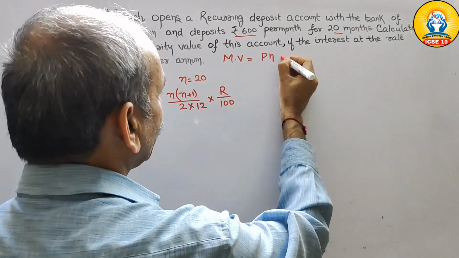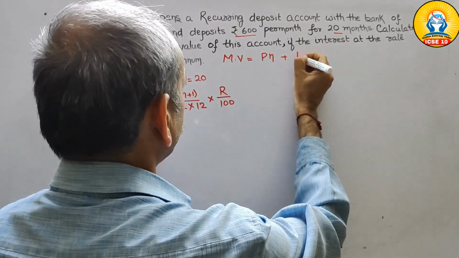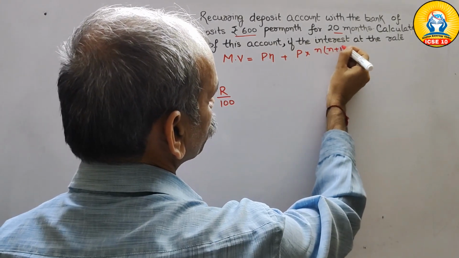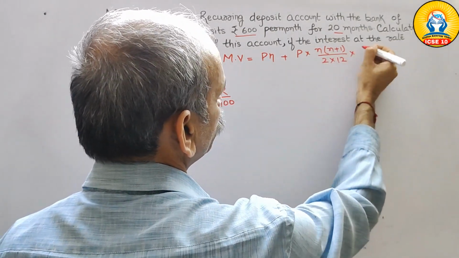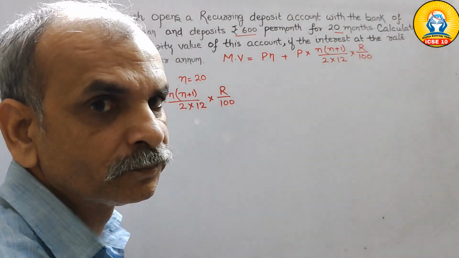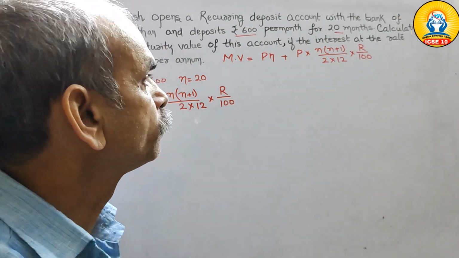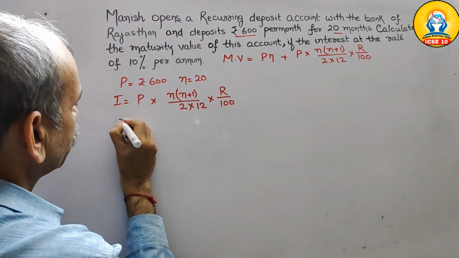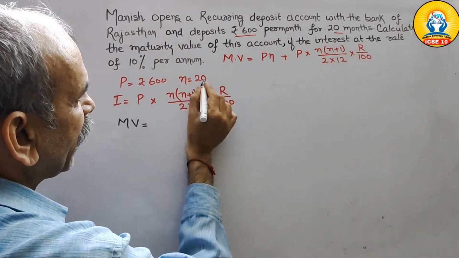So here we will write I, or we can write this formula also: P into N into N plus 1 by 2 into 12 into R by 100. Now substitute the values. P is 600 and N is 20.